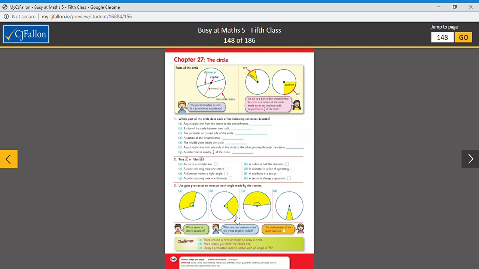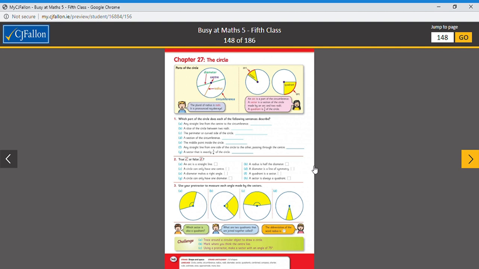So if you're going anti-clockwise, look for the scale that starts with 0. If you're going clockwise, look for the scale that starts with 0 and read off those numbers. And if these are not long enough, you can always use your ruler to extend them so that they're going to break out where the numbers are on your protractor and you can read the angle a little bit better.